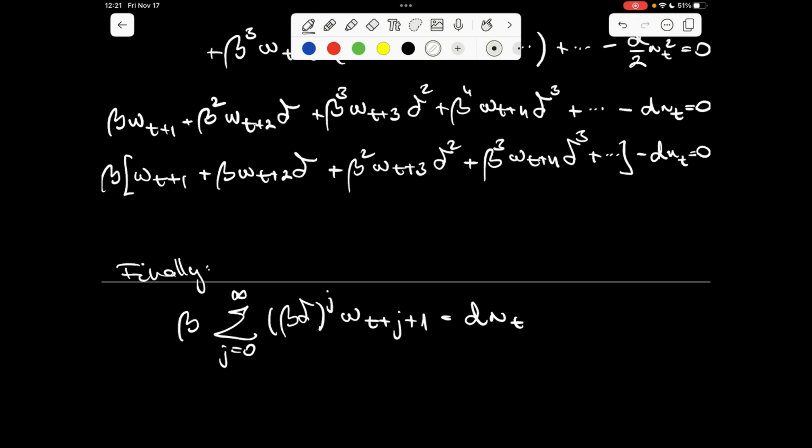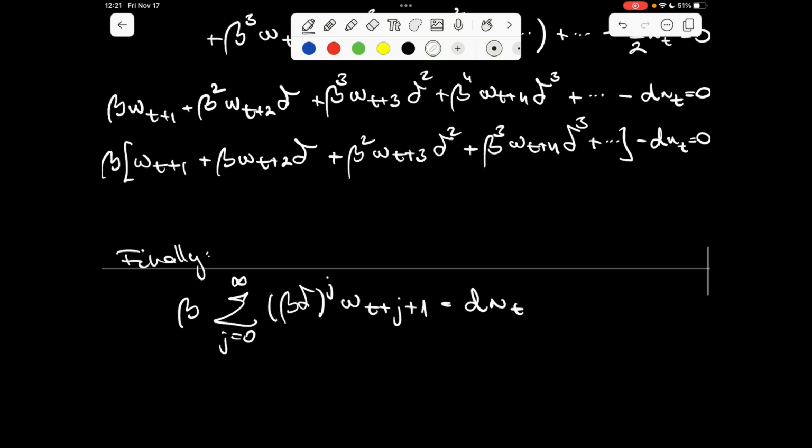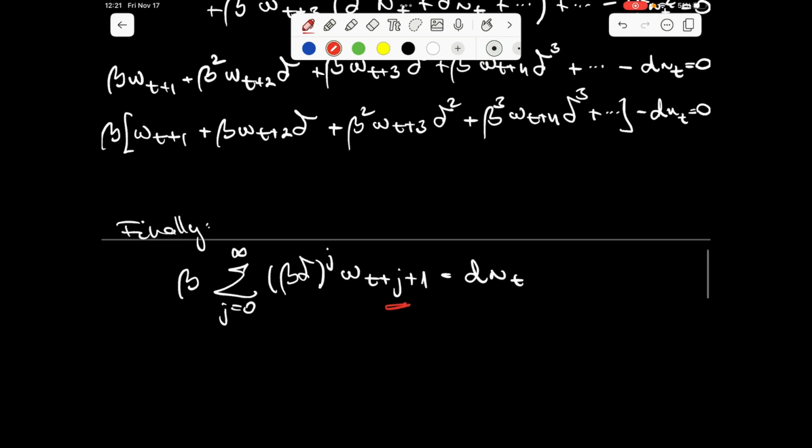Hopefully it's correct. Because, yep, it's important to incorporate the running index.